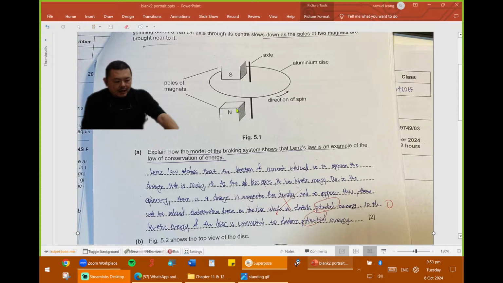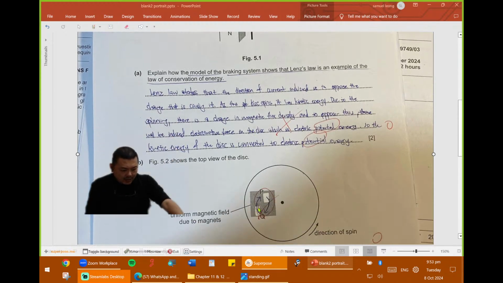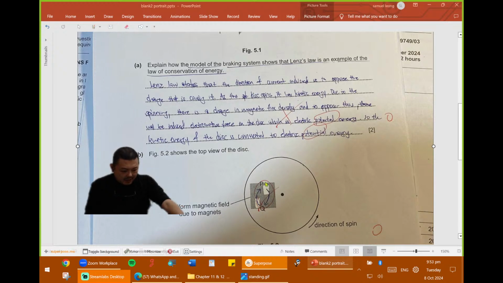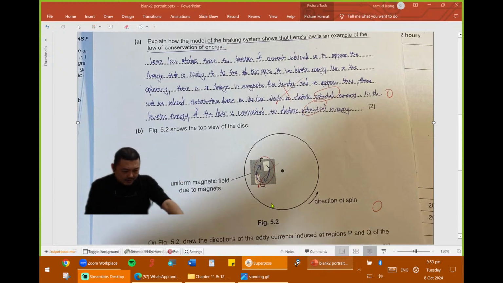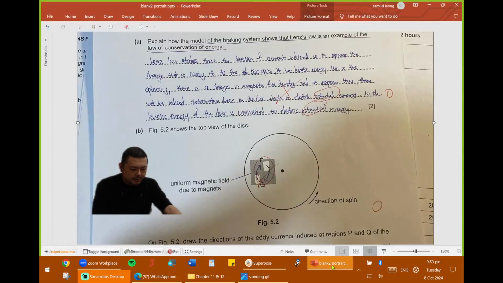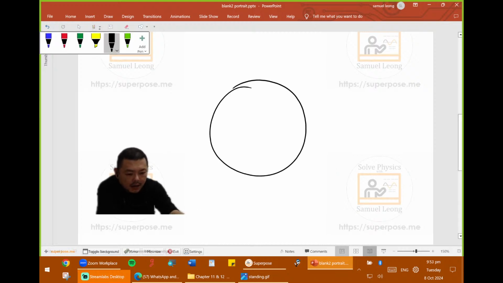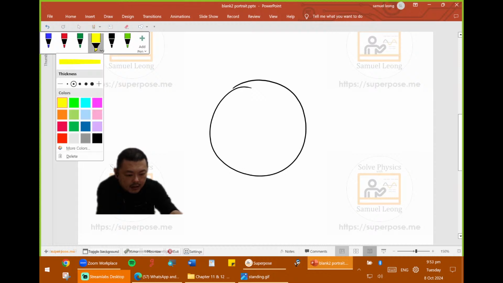Okay, this one, North and south. You want to ask about this one, is it? Not this one, right? The explanation, this one you can get from your school, the marking scheme. Okay, so you're asking about this diagram here? Why is that blank? Oh, okay, so I draw my own. So this is the disk, and this is the magnetic field.